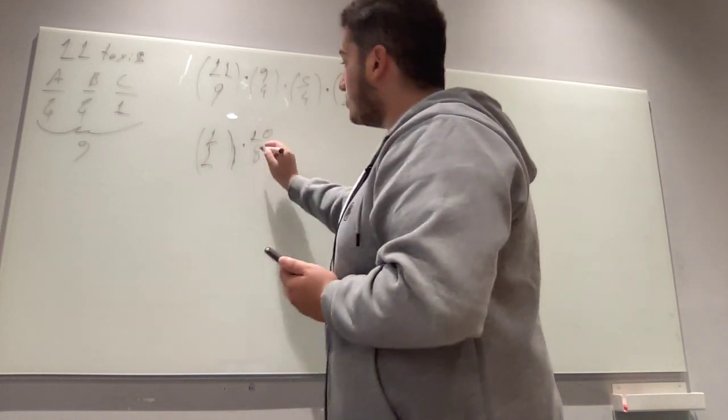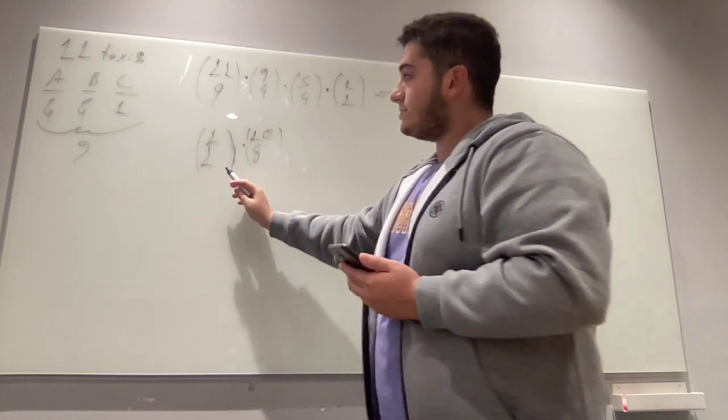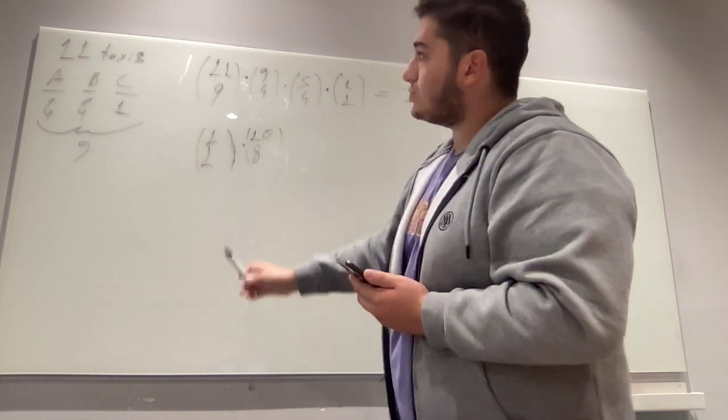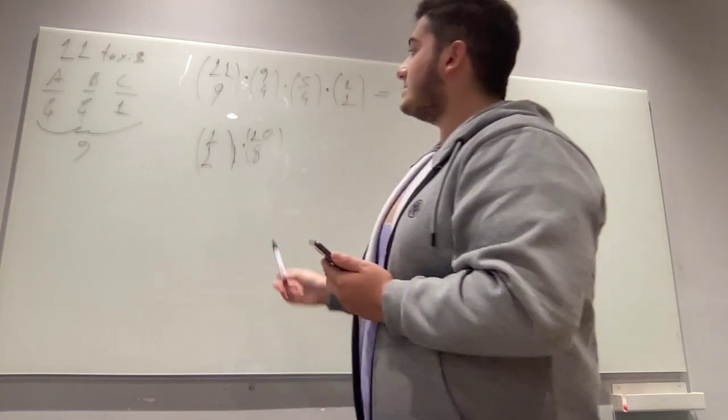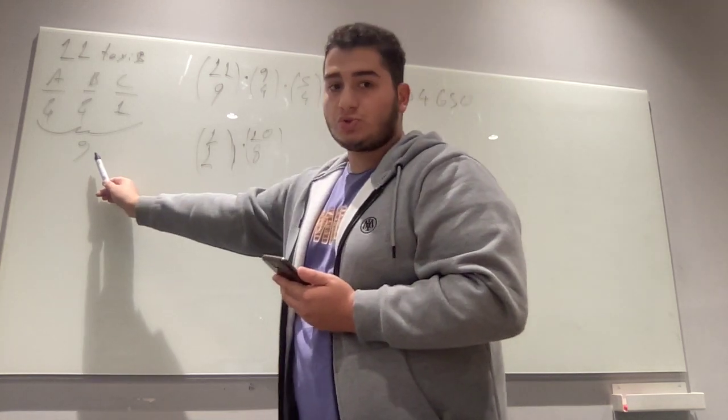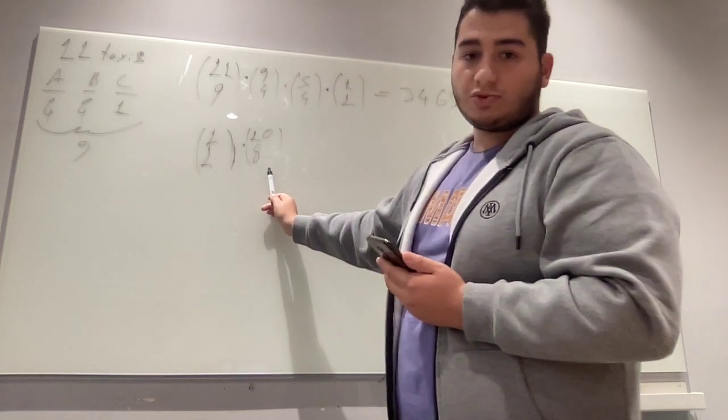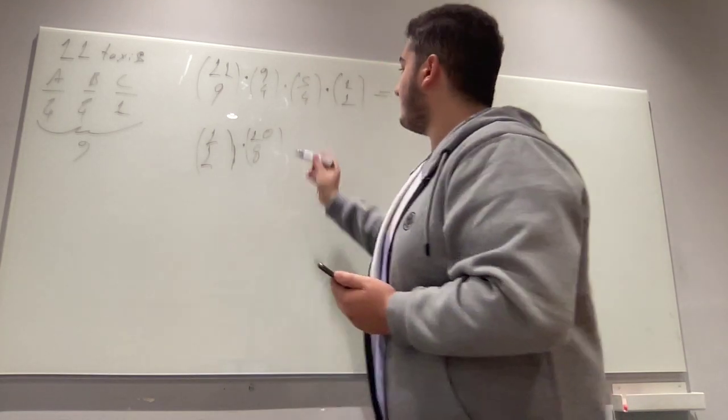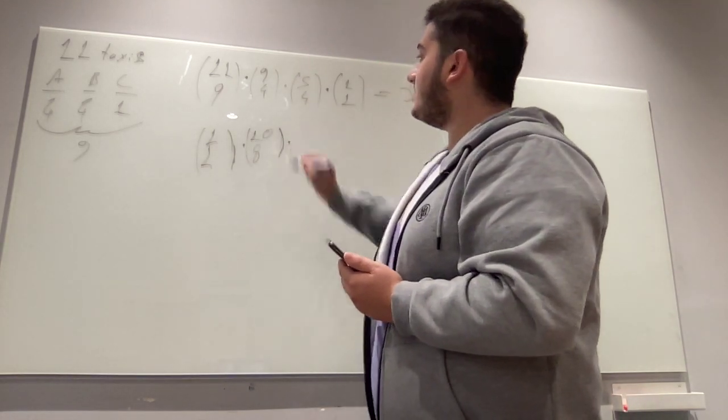10 choose 8 firstly. I already chose Jones, so I have 10 drivers, and again because I already chose Jones, I have 8 drivers to choose instead of 9. 10 choose 8 times.